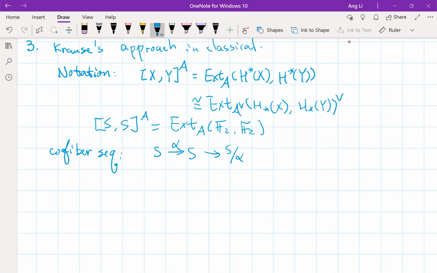Now I consider a self-map of this cofiber S/alpha, call this map beta. And then I also take the cofiber, and I denote that as (alpha, beta).